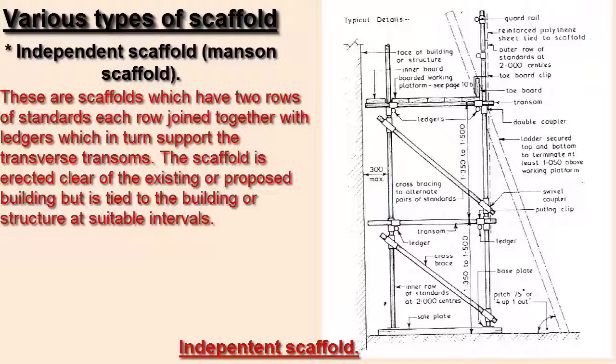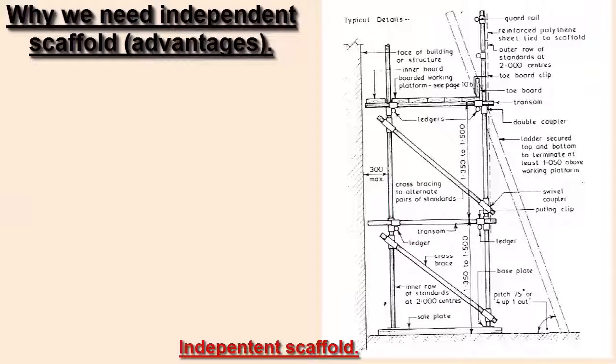So when you look at it, the rows are fixed at an interval across the wall where it is going to be used. If it is an entire building, they construct a scaffold all through. But mostly, after completing the work, they move to the other side. However, why do we need the independent scaffold?